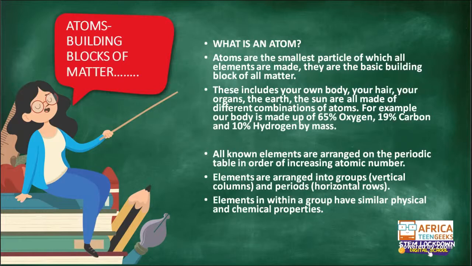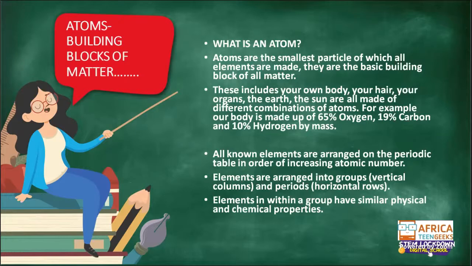All right, all known elements are arranged on the periodic table in order of increasing atomic number. You remember this last week when we were talking about the periodic table. Elements are arranged into groups, into vertical columns, and the horizontal rows are called periods.